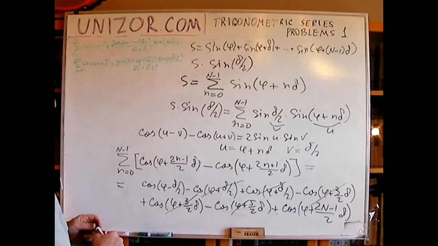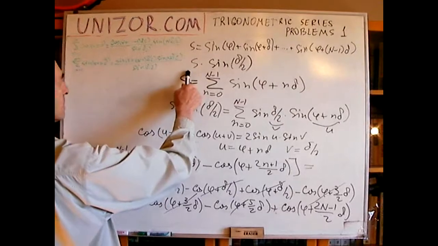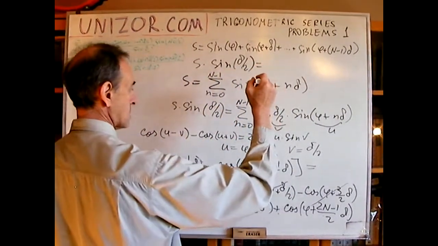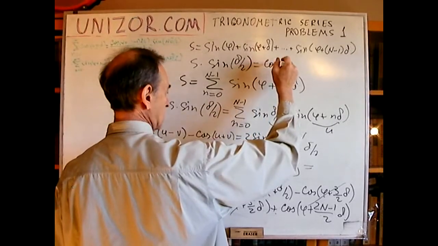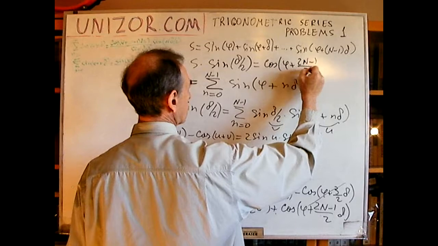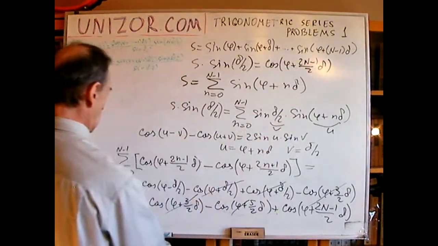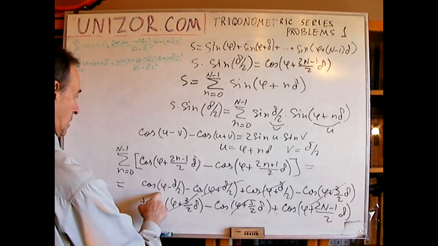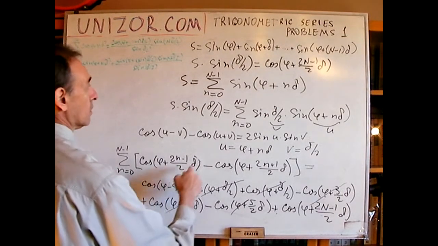Right. So, whenever I multiply this by this, I will have only two members: cosine of phi plus (2n minus 1) over 2 delta, with a minus sign.